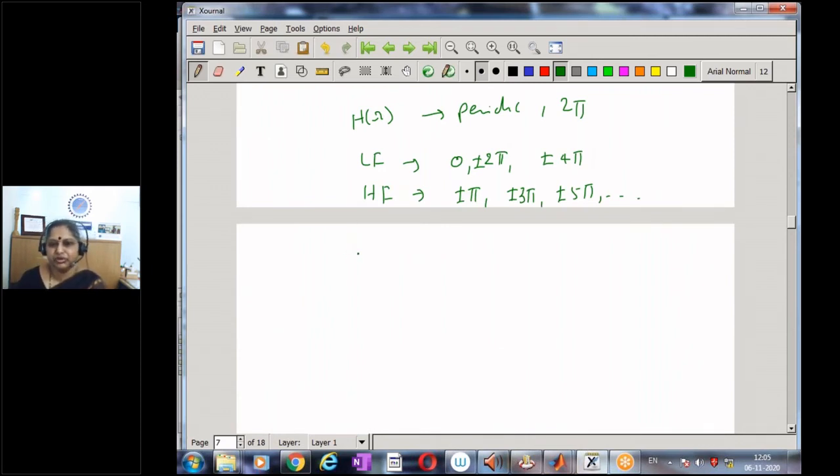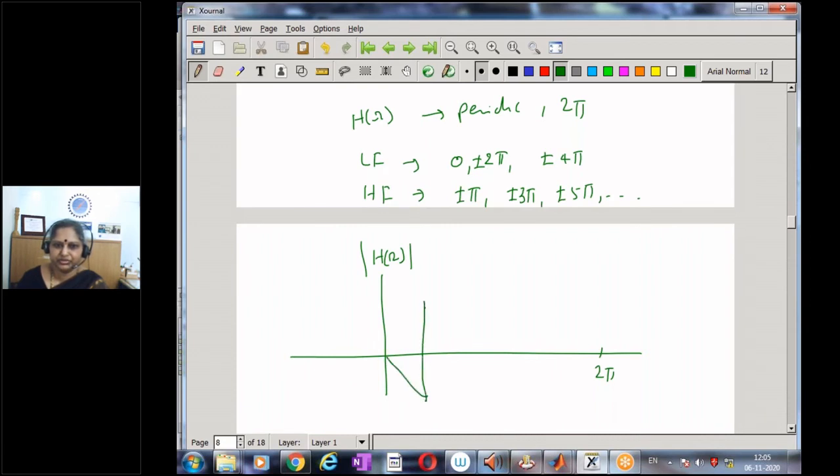If I try to plot the phase response in the interval 0 to 2 pi, I think it was negative, then it's going to minus 180.